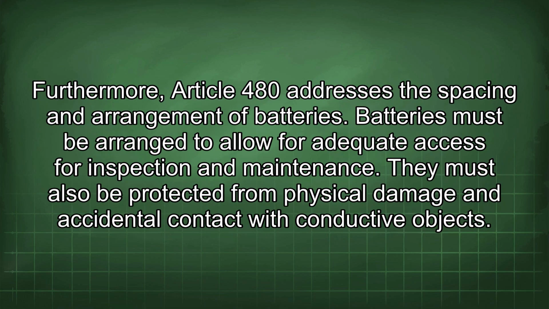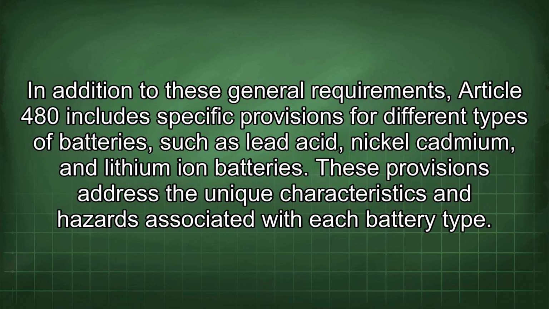Furthermore, Article 480 addresses the spacing and arrangement of batteries. Batteries must be arranged to allow for adequate access for inspection and maintenance. They must also be protected from physical damage and accidental contact with conductive objects. In addition to these general requirements, Article 480 includes specific provisions for different types of batteries, such as lead-acid, nickel-cadmium, and lithium-ion batteries.